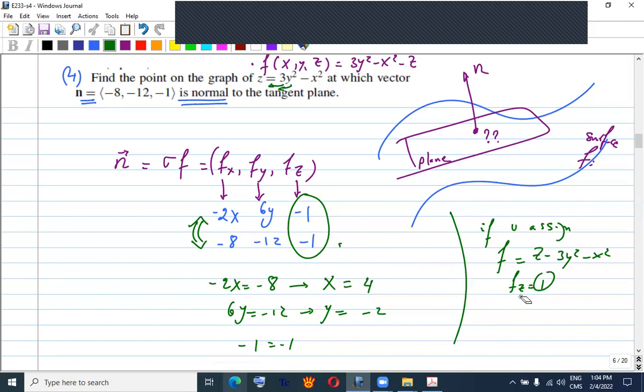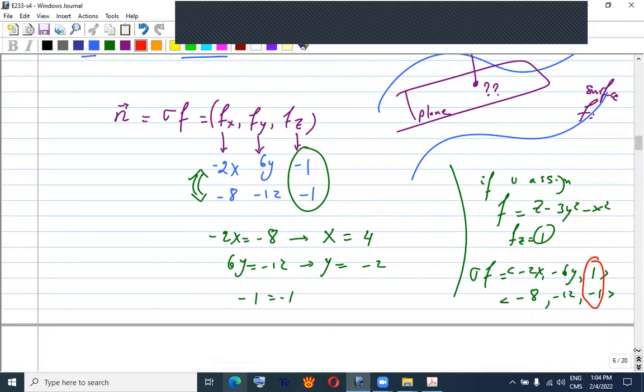Now that has a meaning, by the way. If that happens, what is your gradient of f? In this case, it would be minus 2x, minus 6y, 1. Now you want to equate it to minus 8, minus 12, minus 1. It doesn't work, because those should be identical. Do you agree? What do you do in this case?